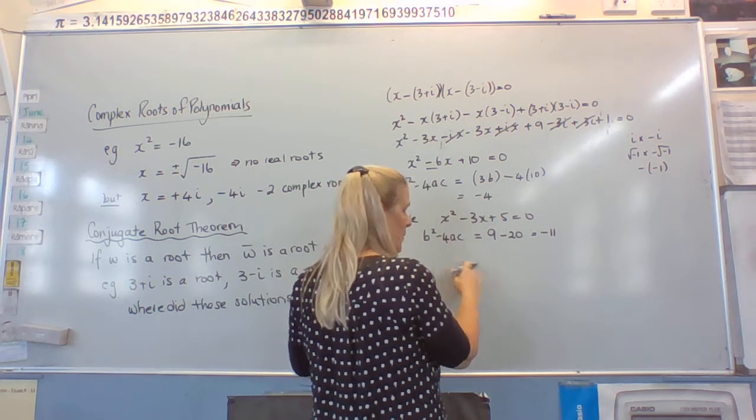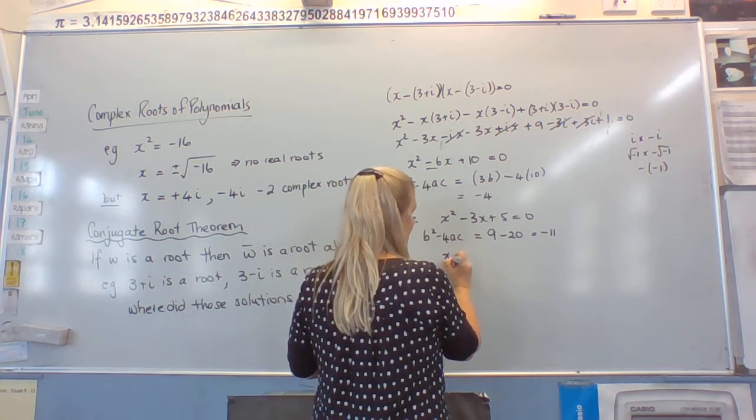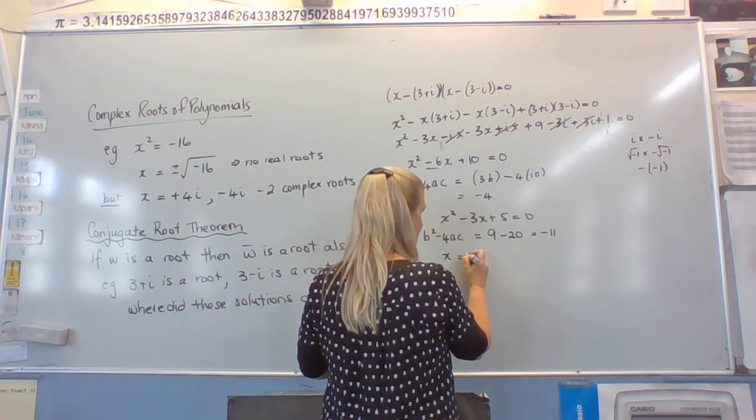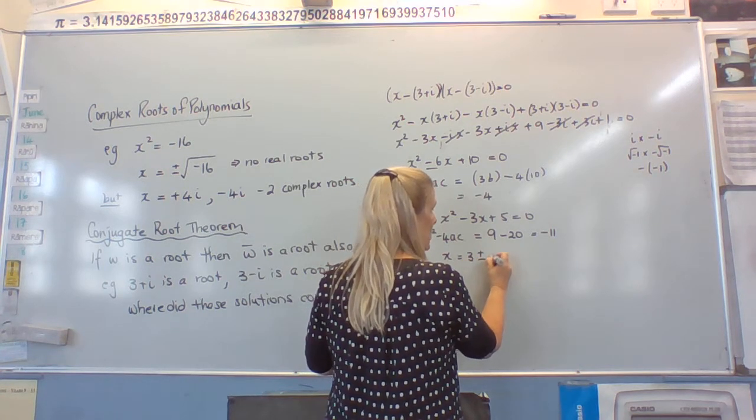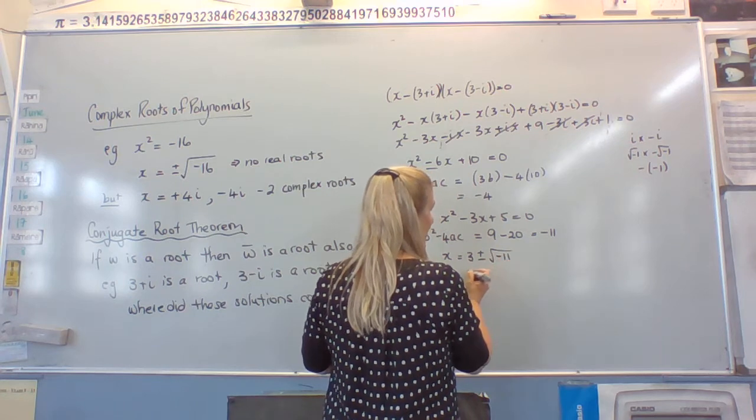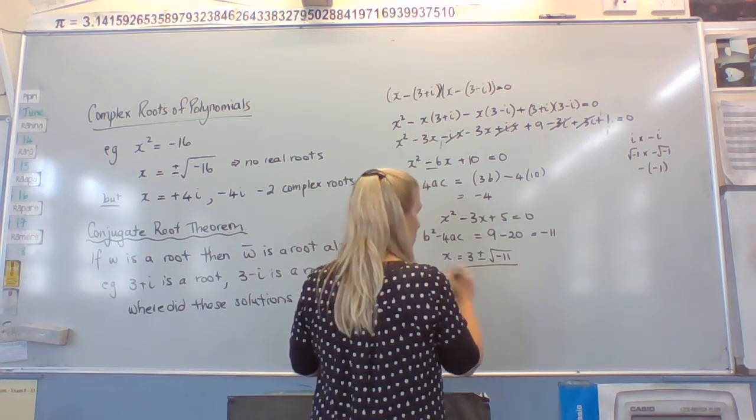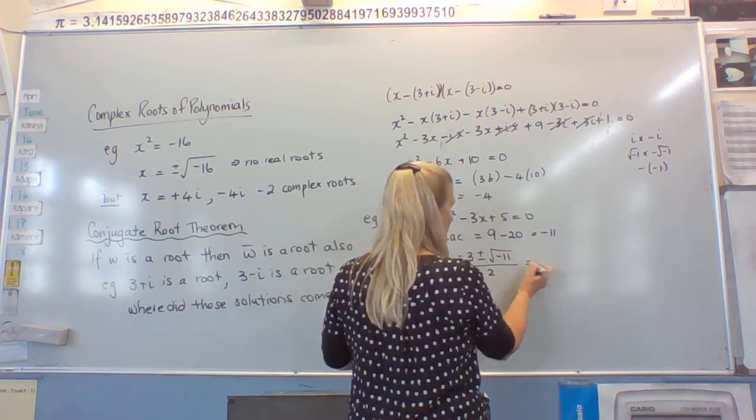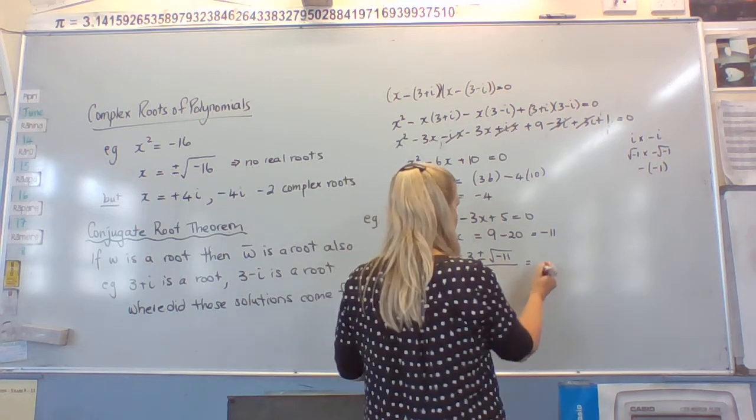So what do we get? We get x equals negative b, so 3 plus or minus the square root of negative 11, over 2a, which is 2. So there are our two complex solutions.